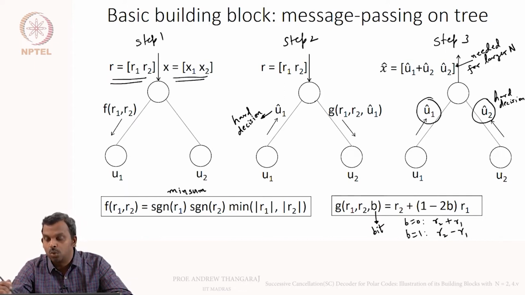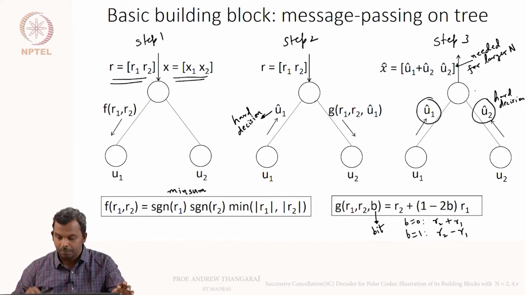You can be happy with u1 hat and u2 hat, you are done, but you need this x hat when you use this as a building block for larger block length. So this is the n equals 2 building block. Hopefully this was clear. The next step is how you use this as a building block in n equals 4, which we go to in the next slide.